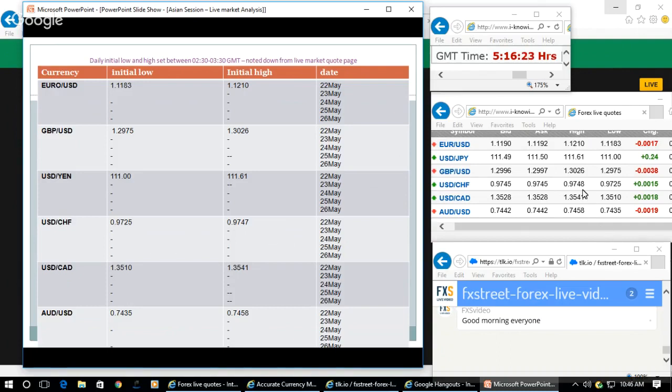They just breached the high and went up by 1 pip, and holding below that, they are expected to gain the levels in the case of USD CHF. Then Canadian dollar 1.3510 is the low, 1.3541 is the high. They have not breached the low or the high. Australian dollar 74.35 is the low, 74.58 is the high. They have not breached the low or the high.